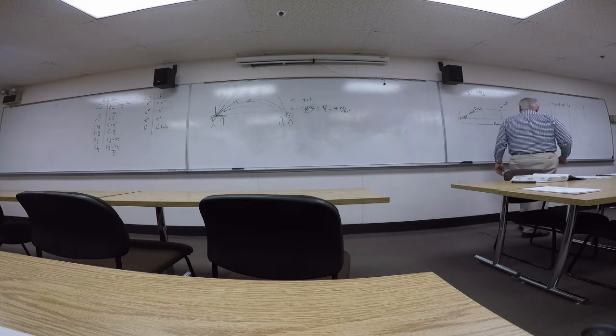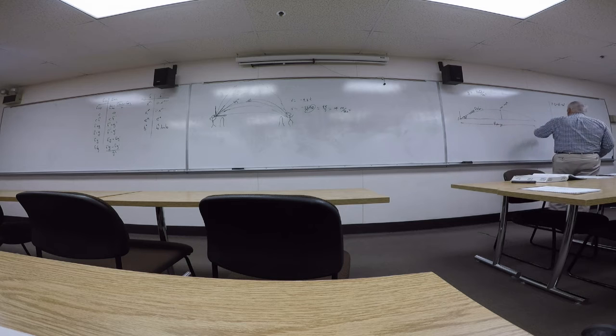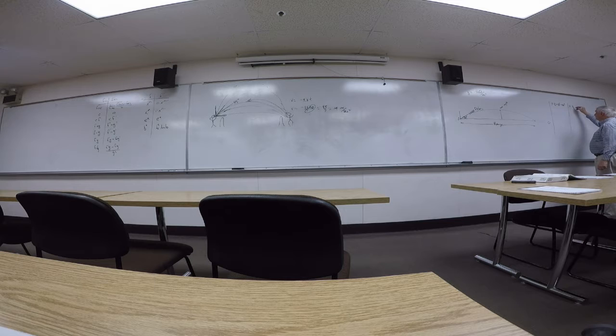So, horizontal motion has an initial position and an initial velocity, v sub x times time, but no acceleration. Now realistically, yes, it slows down because of air resistance, but I said we're ignoring that.